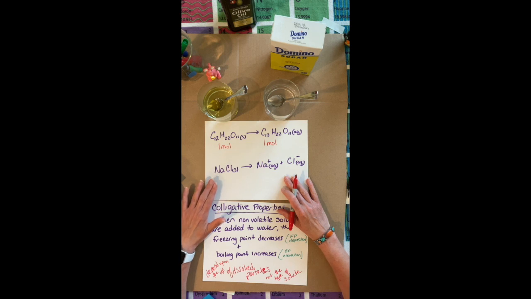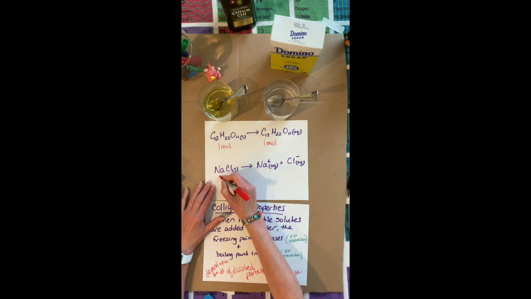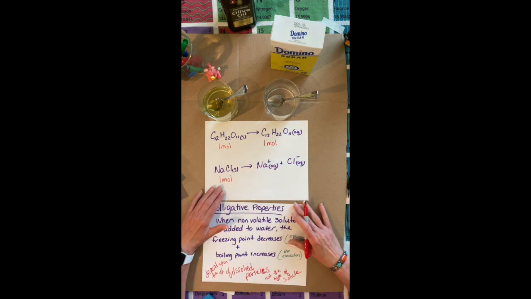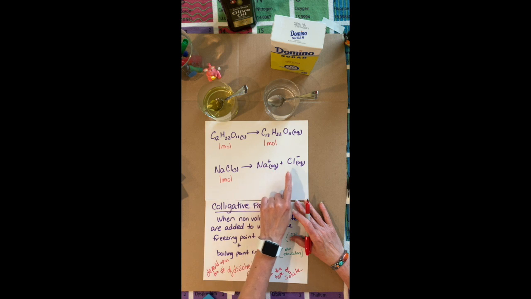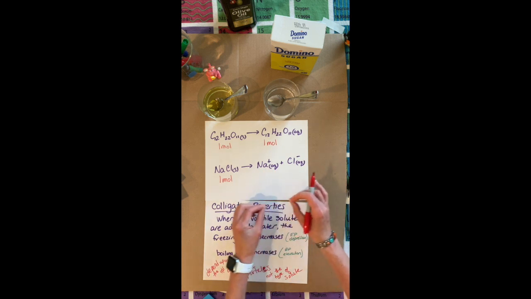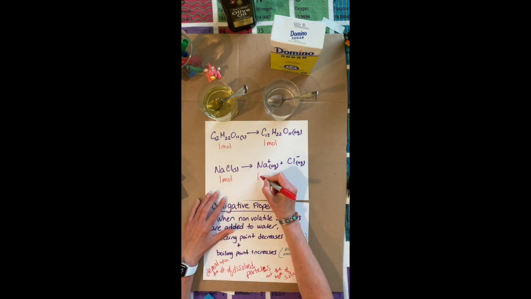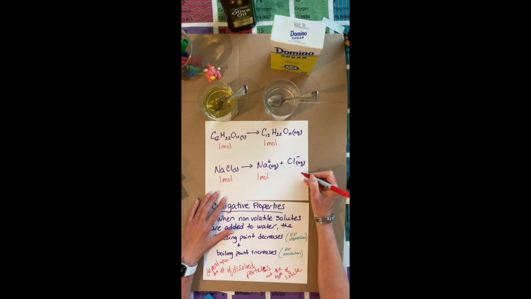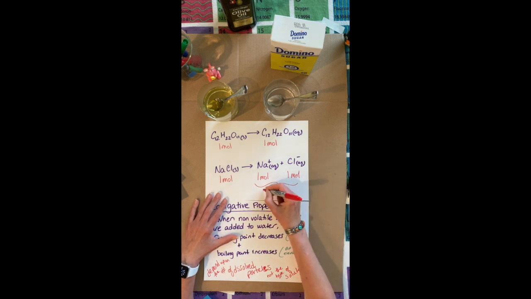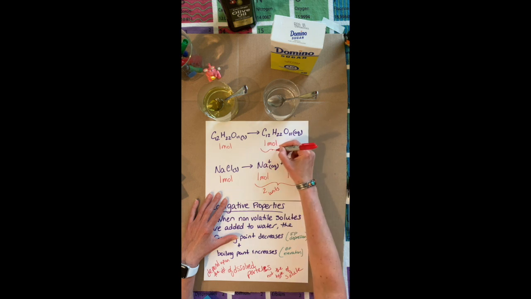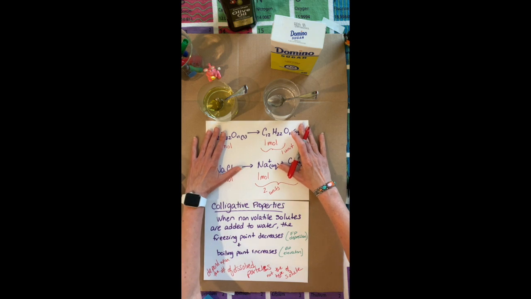But when I place an ionic compound in water, and let's say it's 1 mole of sodium chloride, because that sodium and chlorine dissociate, we get 1 mole of sodium ions and 1 mole of chlorine ions. 2 versus 1 unit.